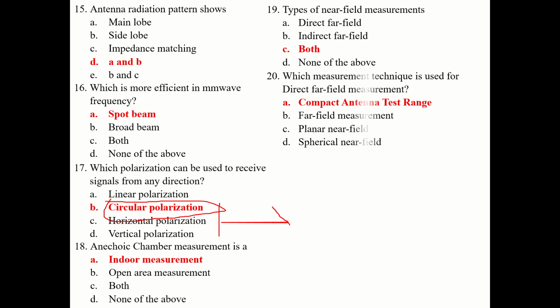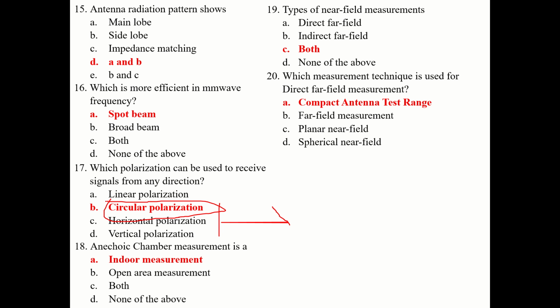Once you capture the field quantities, you have to transform the near field quantities to the radiation pattern. Next, which measurement technique is used for direct far field measurement? It is a somewhat vague question because it asks about technique, but the specific method for direct far field measurement is the compact antenna test range.